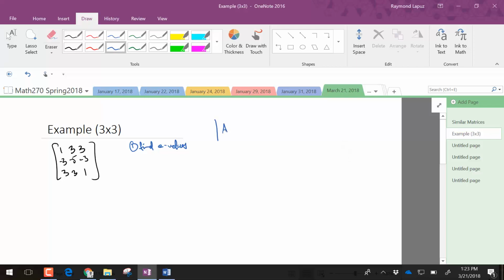And remember, you find the eigenvalues by setting up your determinant. So I'll use a straight line, A minus lambda I. And so that's 1 minus lambda. So the diagonals are essentially going to have a minus lambda, and everything else will remain the same. So I've got -5 minus lambda for the 2, 2 slot, and then 1 minus lambda for the 3, 3 slot.